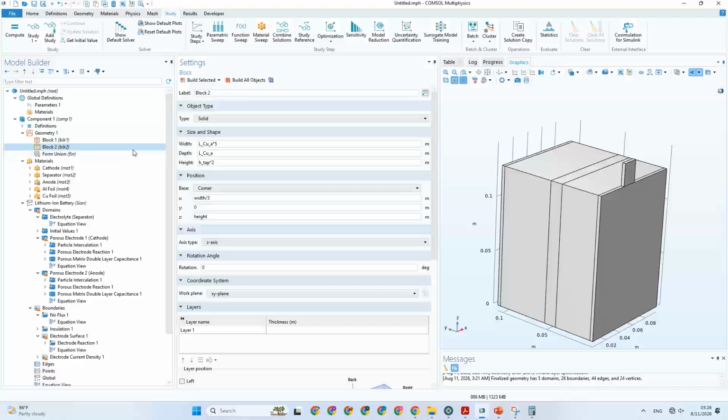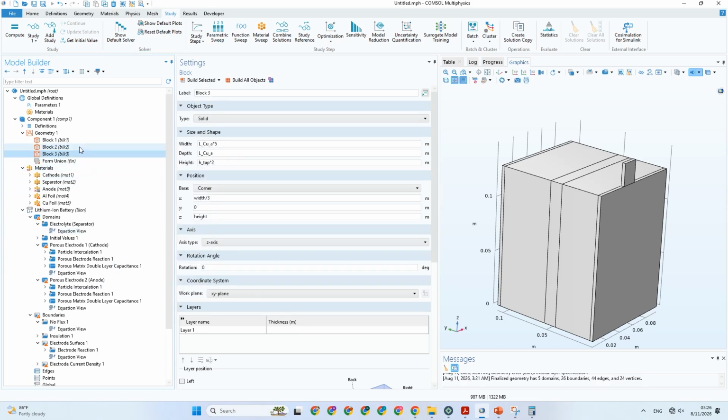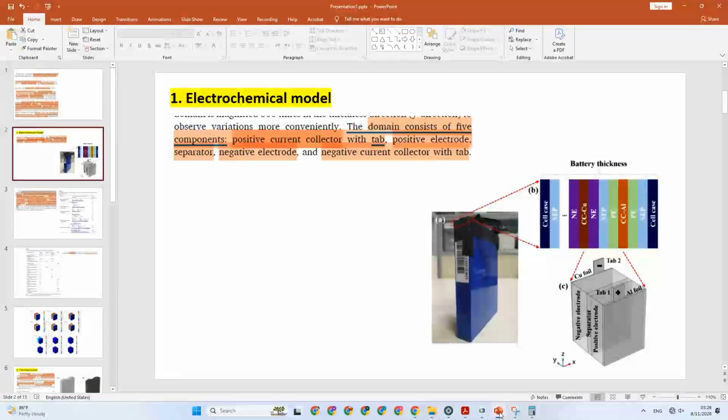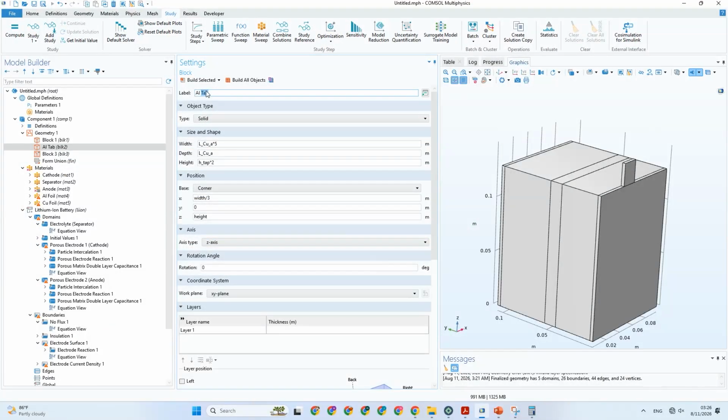and I can duplicate this block. I rename it as AL tab or foil. It's better foil. Foil. This is CU foil.